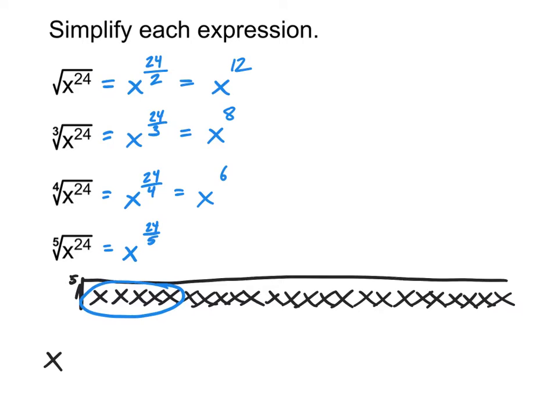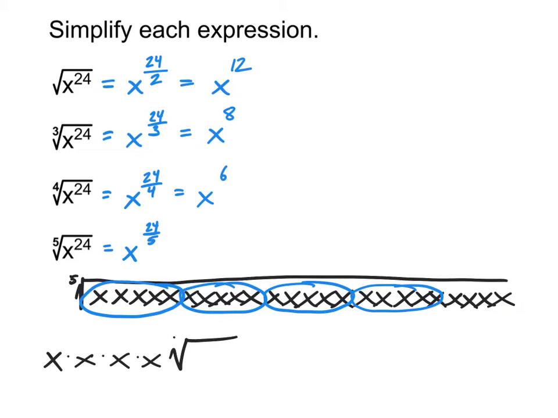So it's like circling pairs when we're doing that with numbers. You can do so with bigger groupings. So how many groups of 5 can I pull out of this? Notice there's 4 of them. And so on the outside, I'm going to have 4 x's.